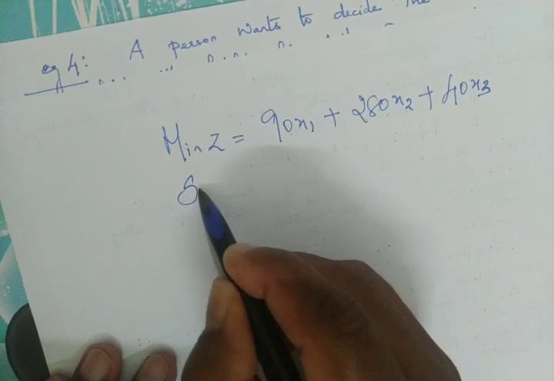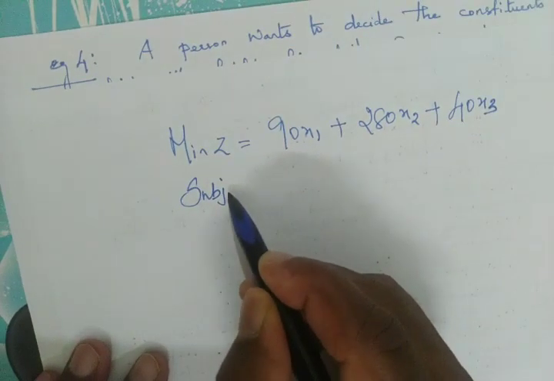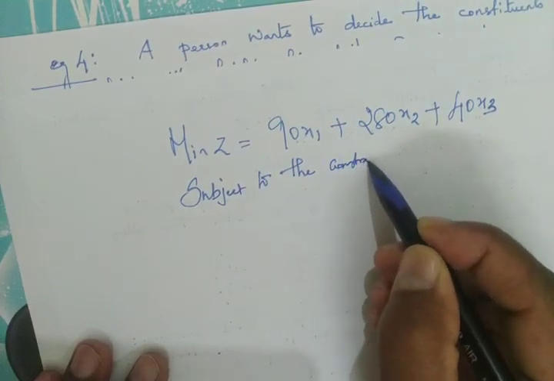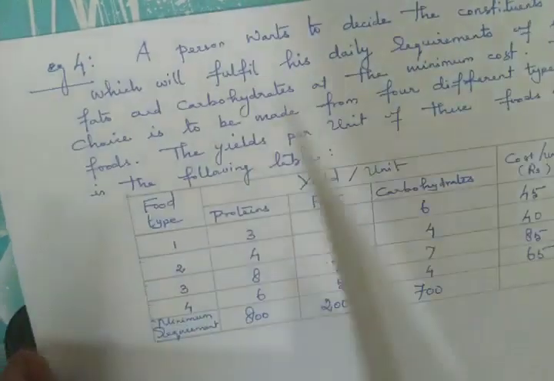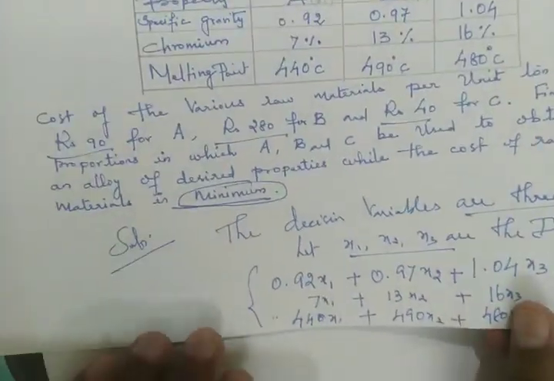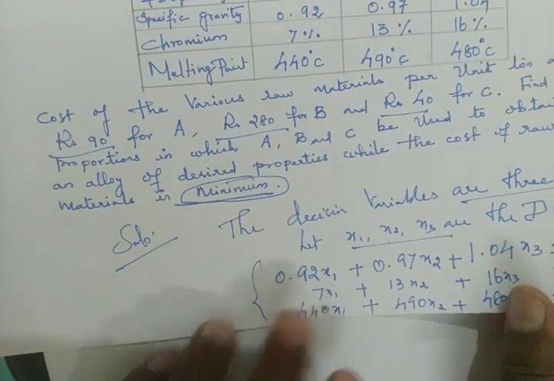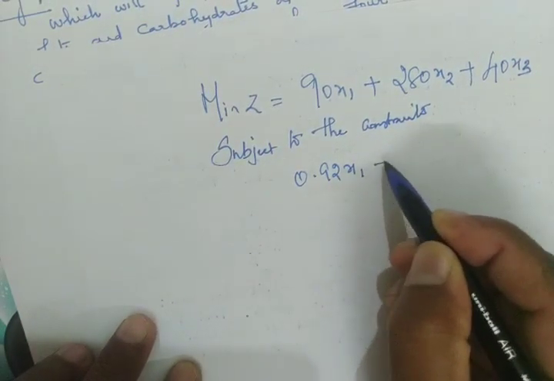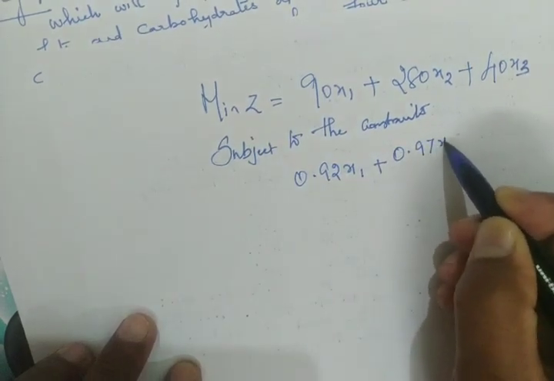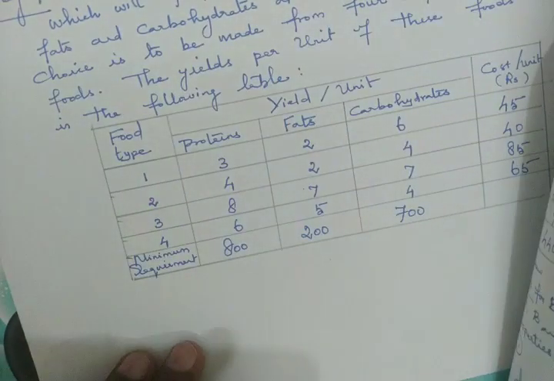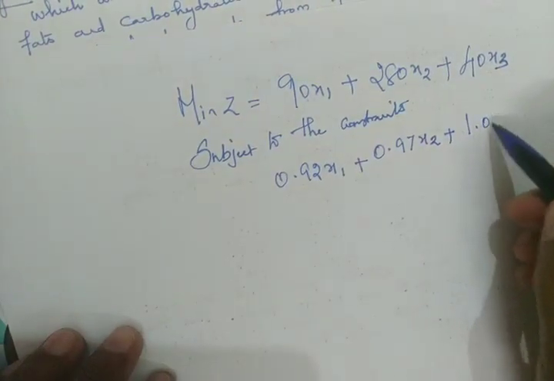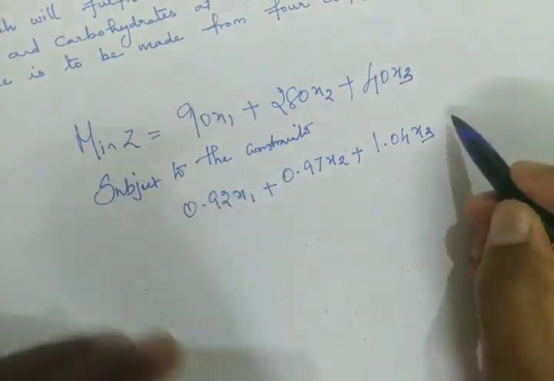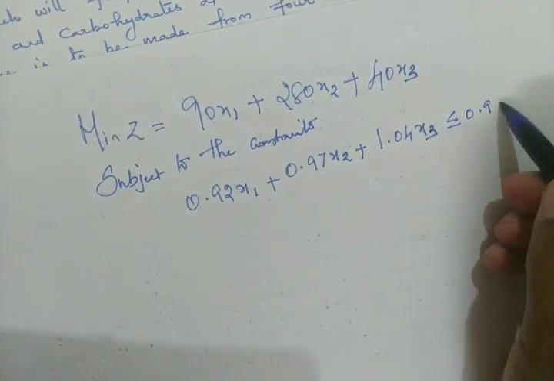Followed by, we have to write the constraints, subject to the constraints we formed earlier on the first page. 0.92 into x1 plus 0.97 into x2 plus 1.04 into x3 less than or equal to 0.98.